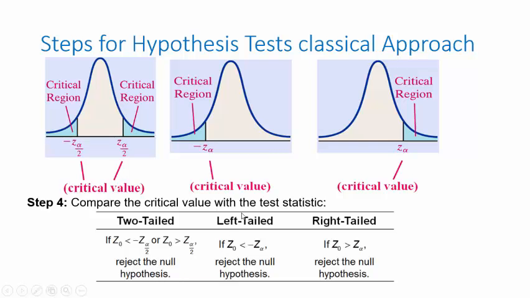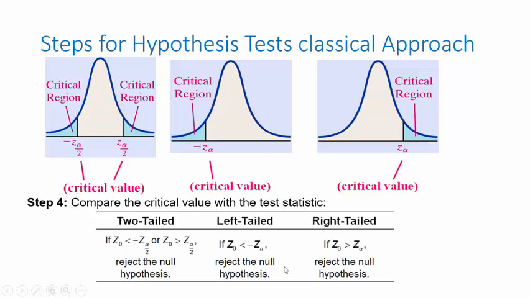For a left-tailed test, we check if z0 is less than negative z alpha, meaning the z value from step 3 lies in this region, then we reject the null hypothesis. Similarly, for a right-tailed test, if z0 is greater than z alpha, meaning the z0 value lies in this region, then we reject the null hypothesis.